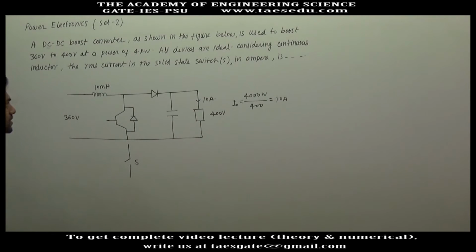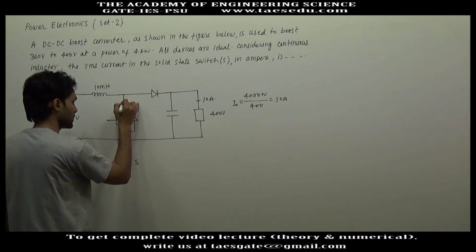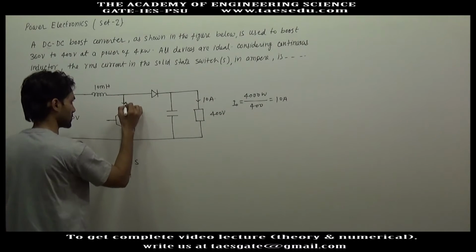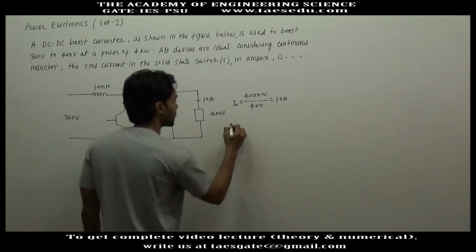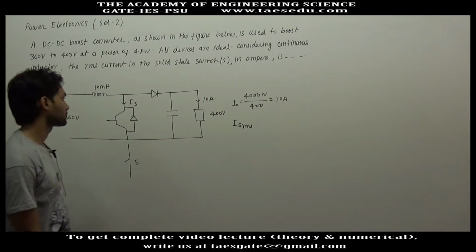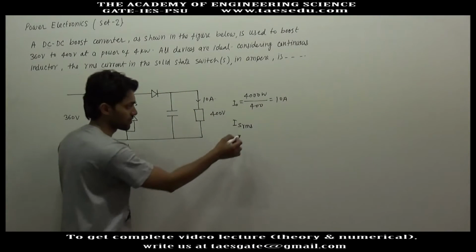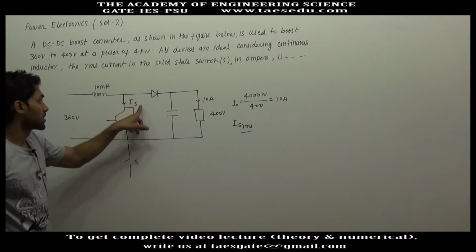The RMS current in the solid state switch is, we have to find out the RMS current through this switch. Let's say this is current IS, so we have to find out the RMS value of IS. To find this value, let us first find the graph of the switch current IS.